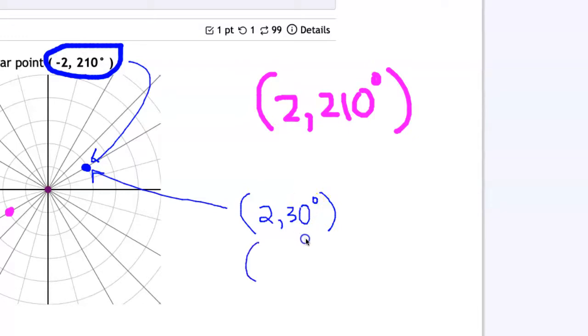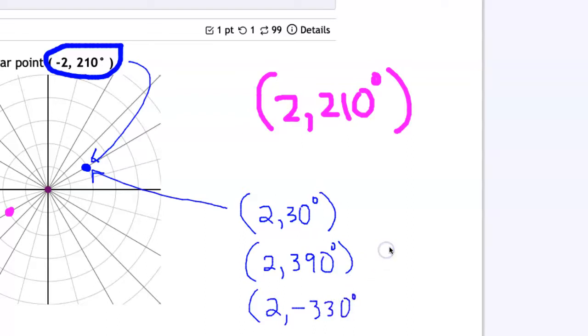And of course, you could add 360 degrees, and you could end up writing this as 2 comma 390. Or you could subtract 360 degrees, and we could write this as 2 comma negative 330.